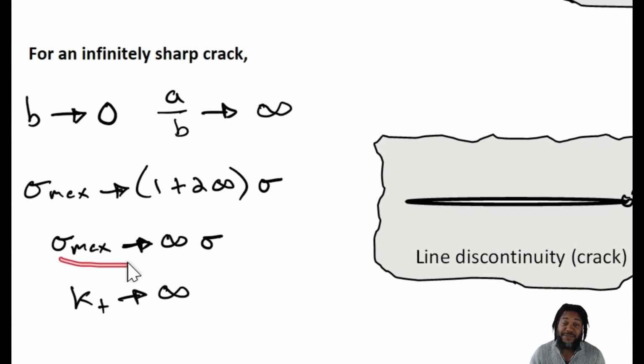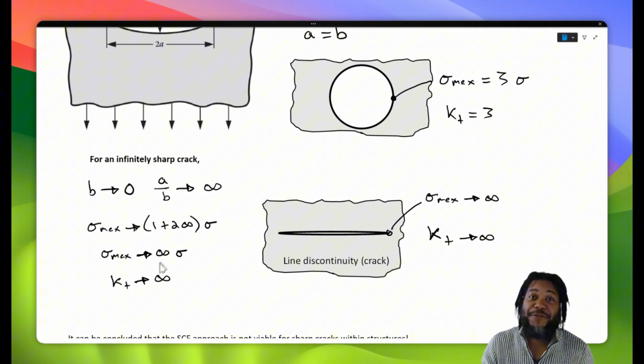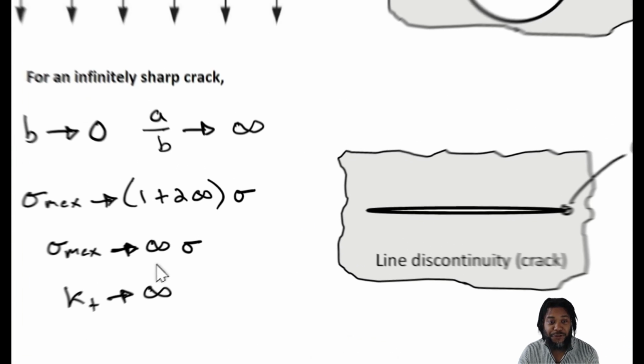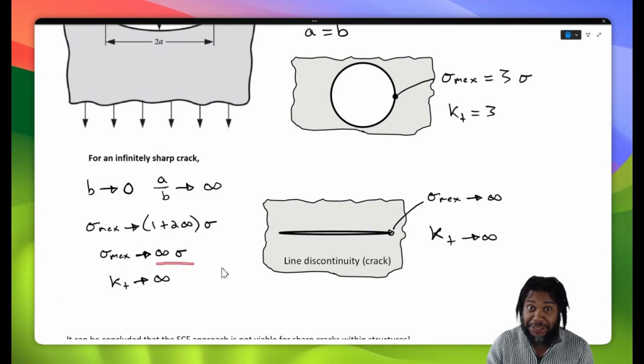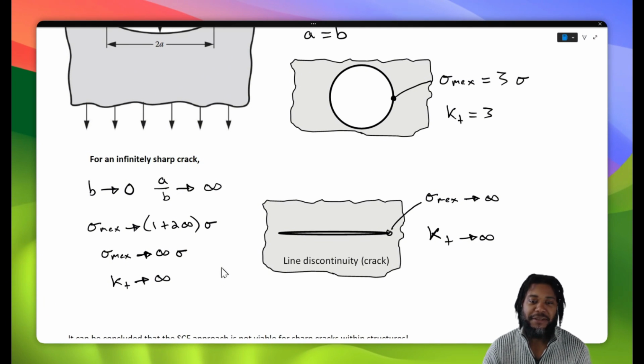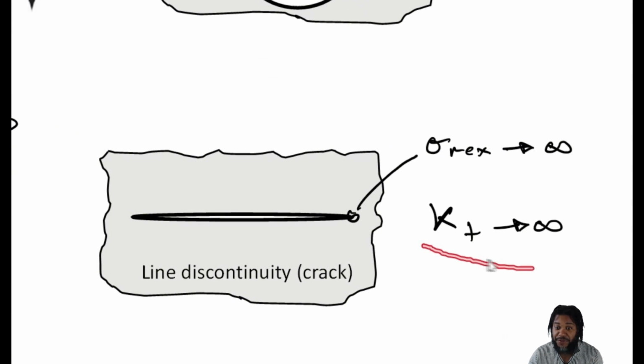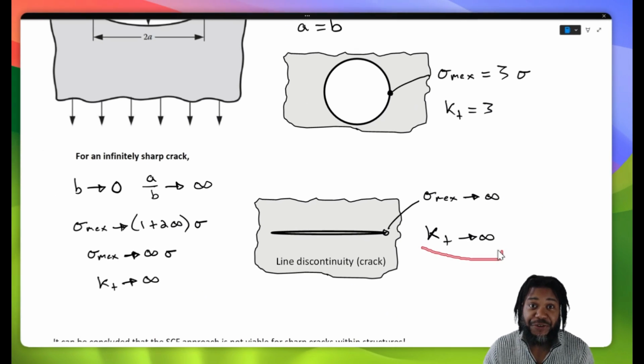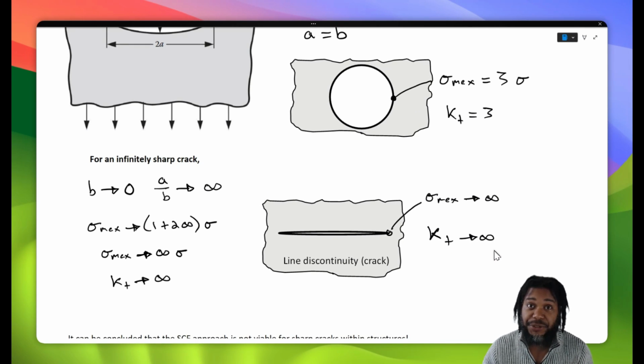So our maximum stress is equal to infinity times the remote stress. That's impossible, right? That is telling us that for any infinitely sharp crack, any hairline crack in our structure, the maximum stress is equal to infinity. And subsequently, the stress concentration factor, the Kt factor, is equal to infinity.